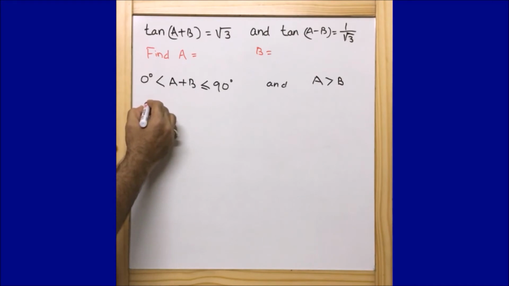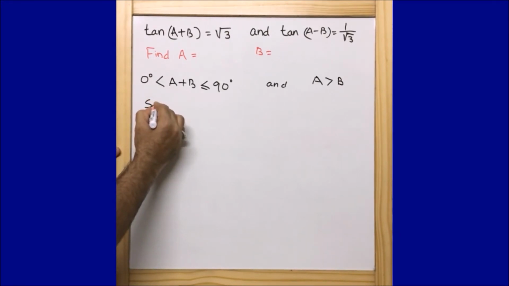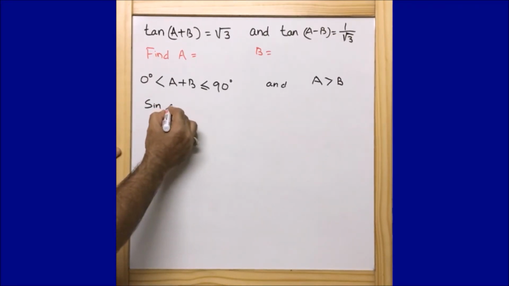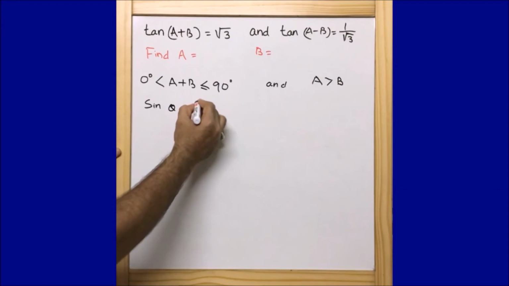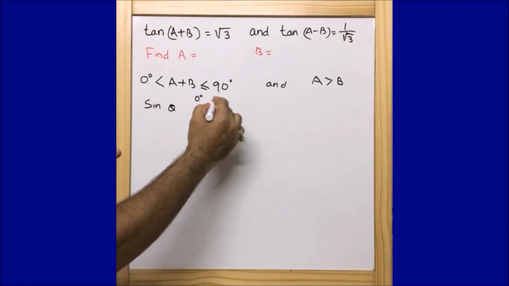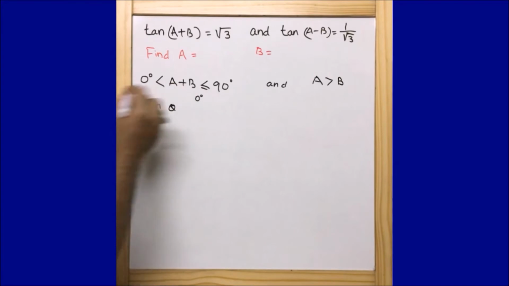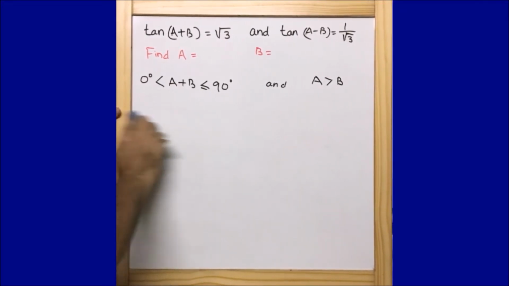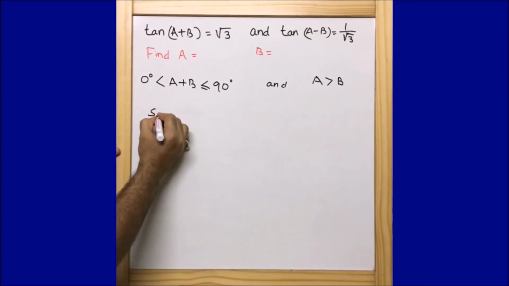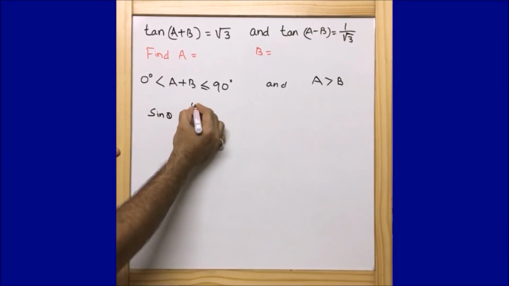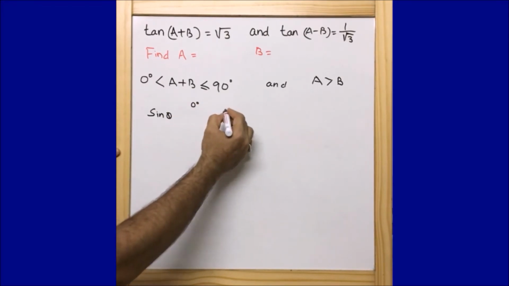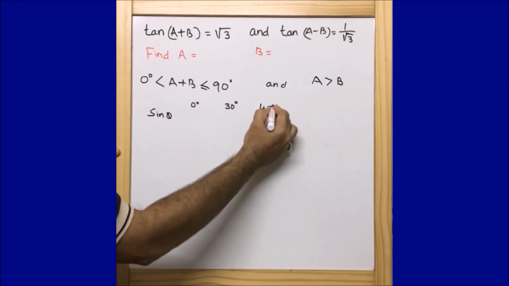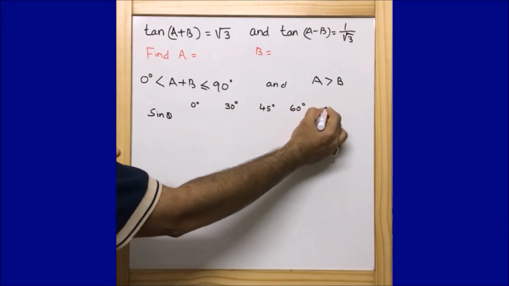So let us first of all find out the values of sine theta, when theta is 0 degree, 30 degree, 45 degree, 60 degree and 90 degree.